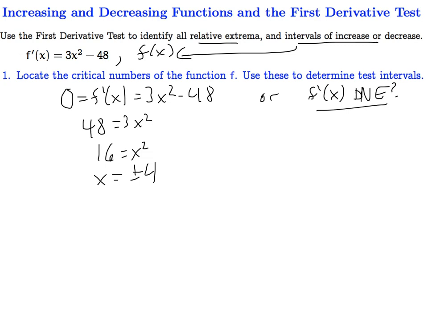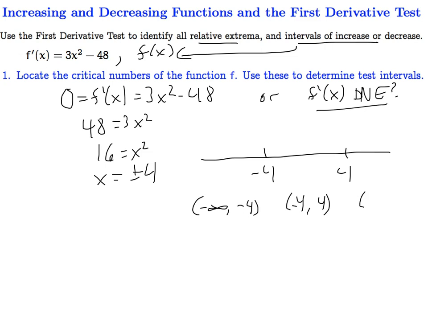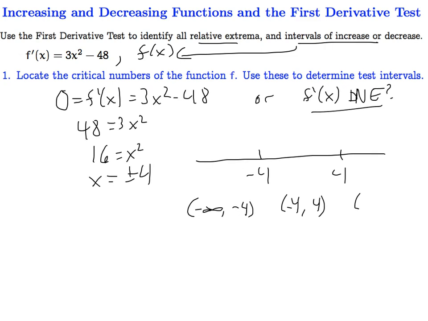So these are our possible places to look at. These are our critical points for our function. And we're going to use them on a number line to set up our test intervals. So we need to test between negative infinity and negative 4, negative 4 to 4, and also from 4 to infinity.